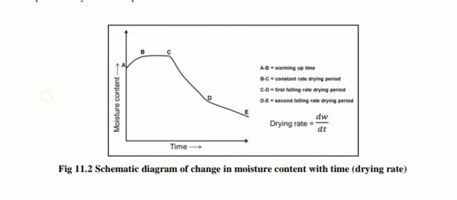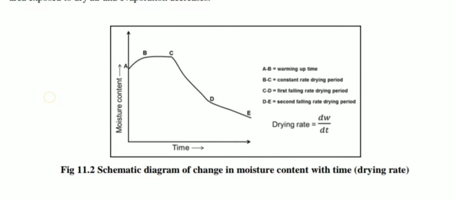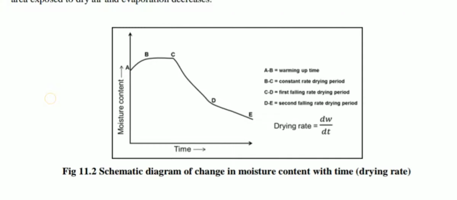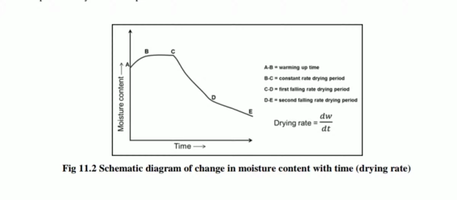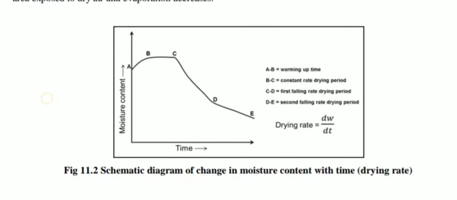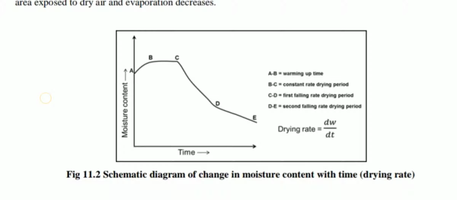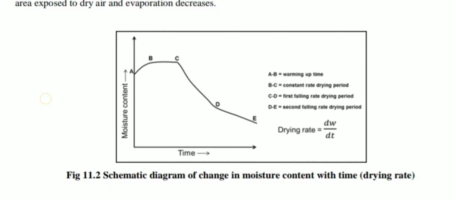As we have earlier discussed, this will create a concentration gradient, and moisture bound within the cells will release, and it will create the increase in initial moisture content of the food because of the rupture of the cells.